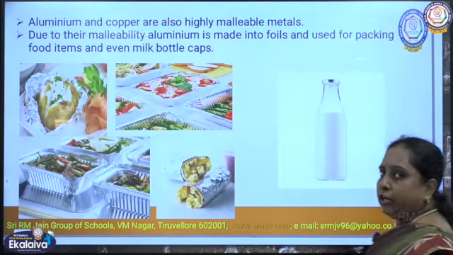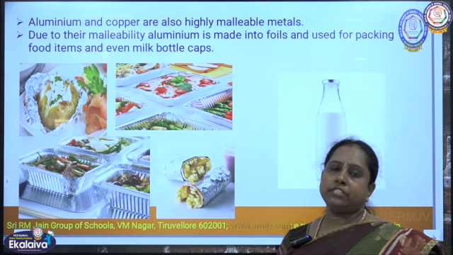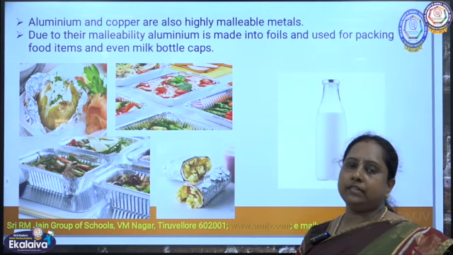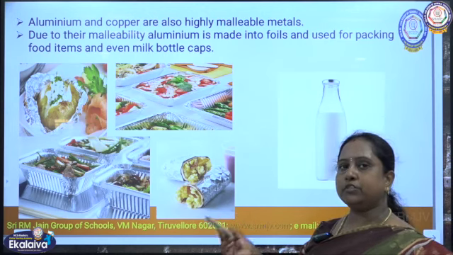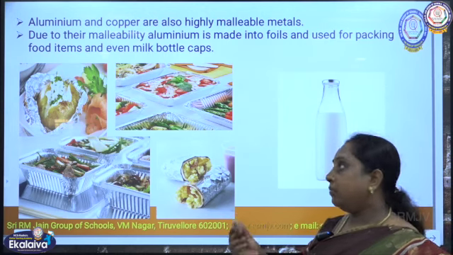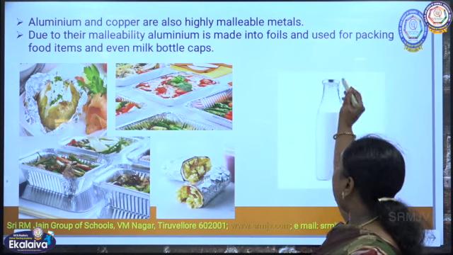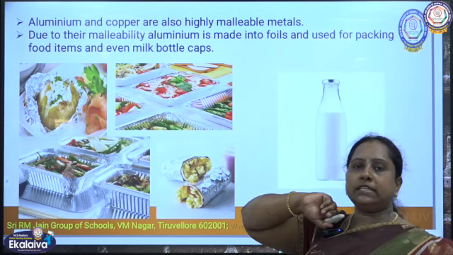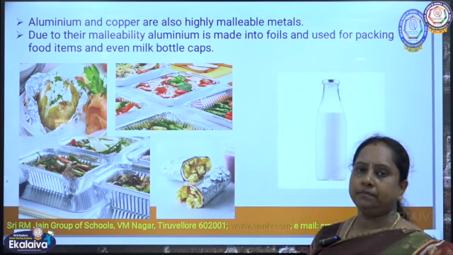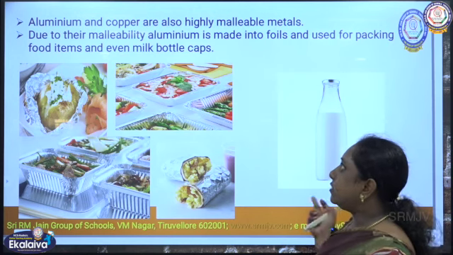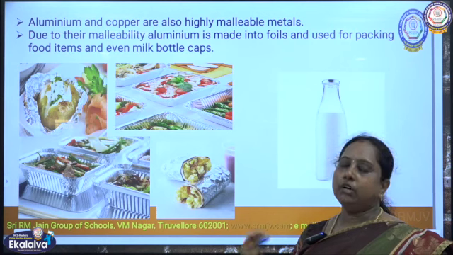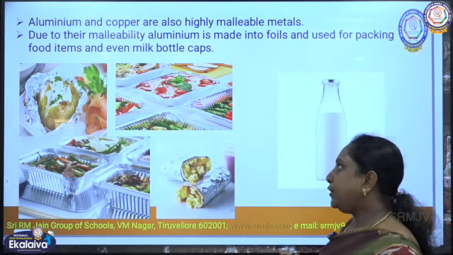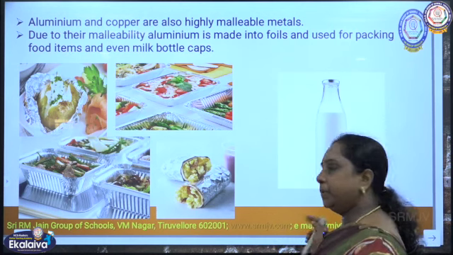And aluminium foil also, you would have seen, can be used for covering food materials, food packs like this, as well as for packing food materials, and also in the bottle cap of a milk bottle. Because of the malleability, these metals can be made into particular shapes and used for different purposes.